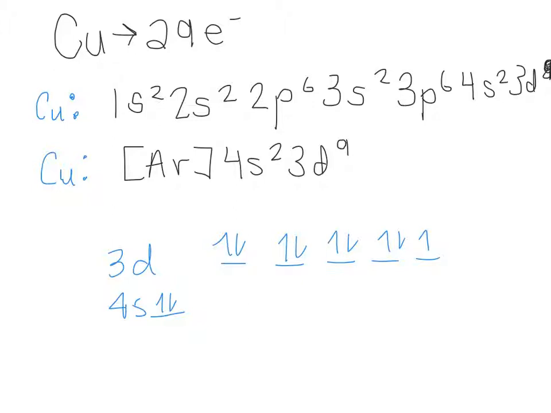So that you end up with 3d10 and a 4s1. And this is because a completely full d orbital is actually lower in energy than a full 4s orbital with an almost full 3d orbital.